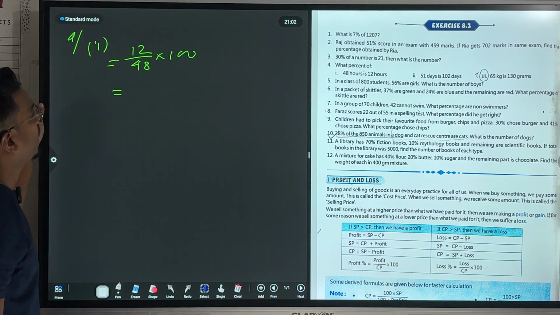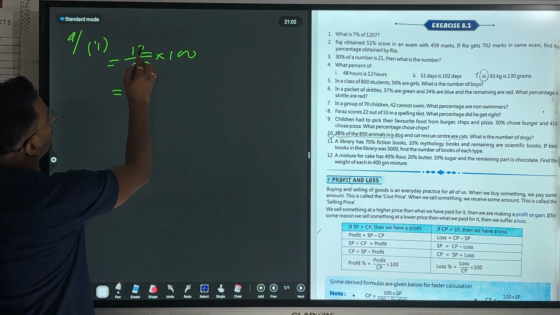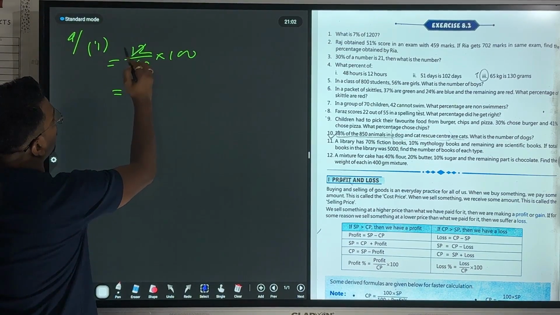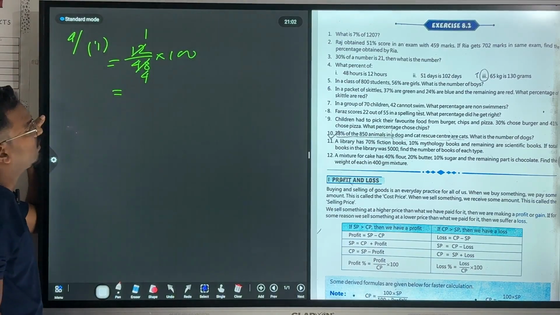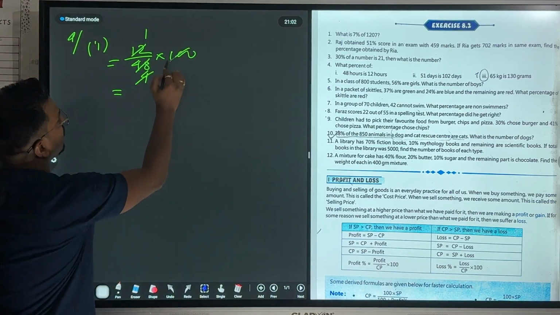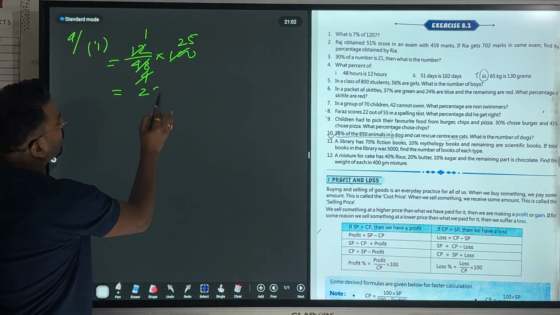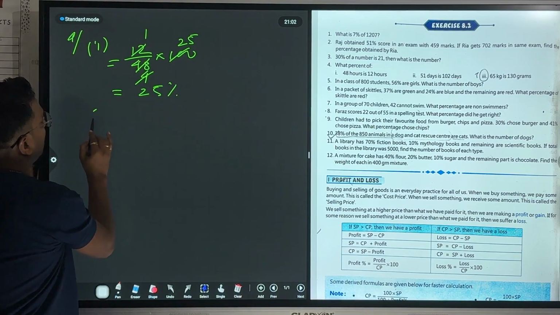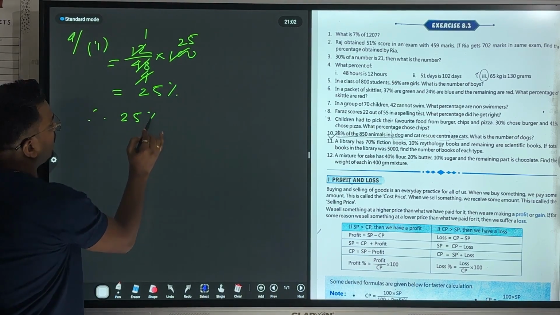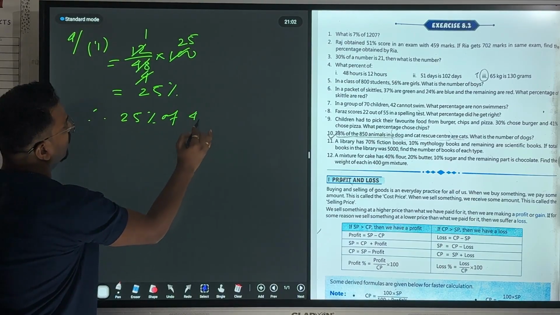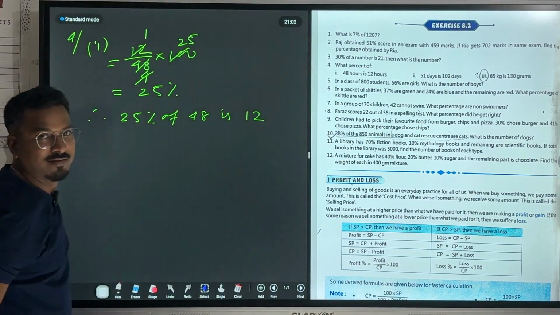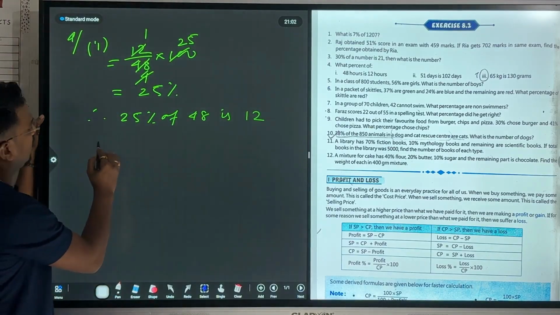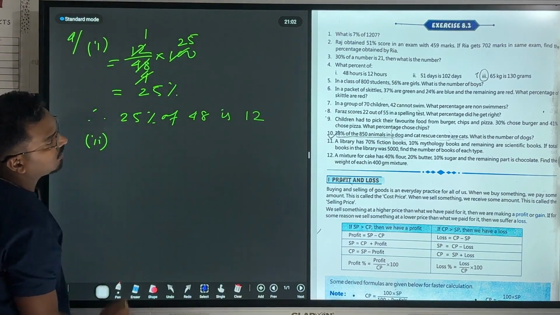If you cancel it, 12 ones are 12, 4s are 48. I am cancelling directly. So it will become 25%. Therefore, 25% of 48 is how much? 12. Clear? Next question is given.